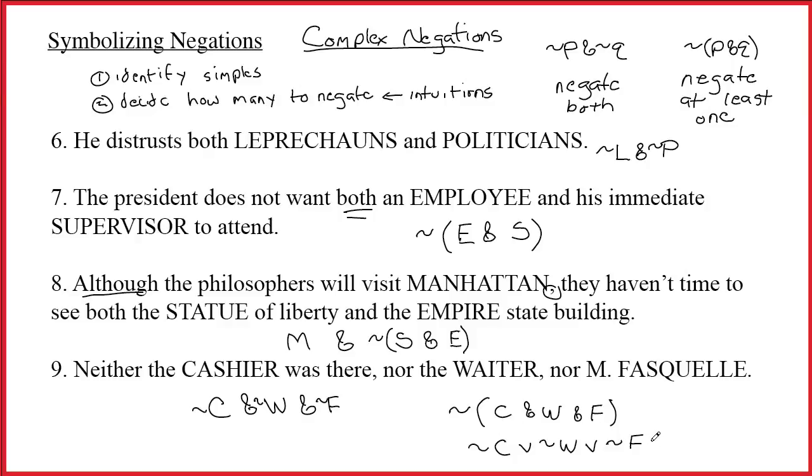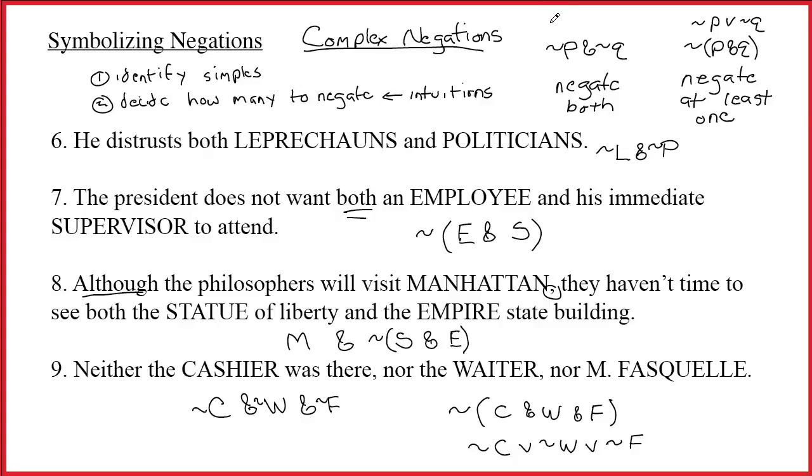Oftentimes you would say this in English as opposed to that. In fact, if we go up here, we can point out that tilde (P ampersand Q) is equivalent to tilde P or tilde Q. Either the P is false or the Q is false. And as we'll eventually talk about, the or also means that it's possible that they're both false. But that's a subject for another day.